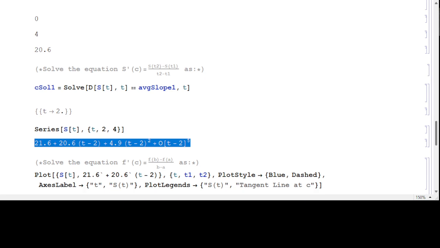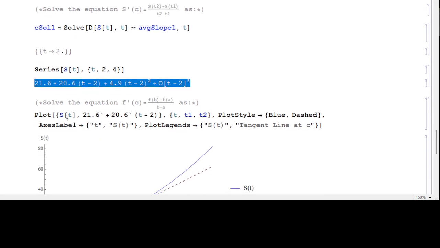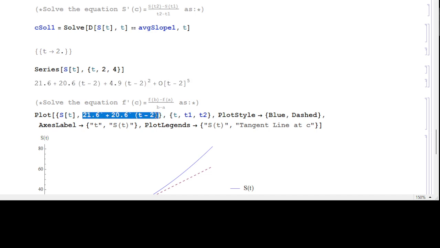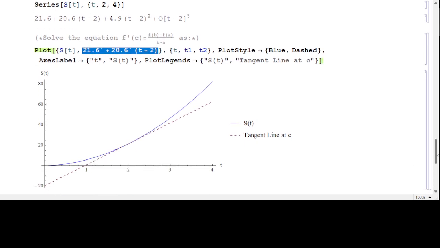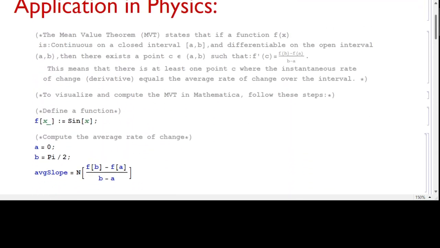Now, when we make a plot of the distance equation and the equation of line, which we have obtained using this series expansion, then we can see that this equation of line is actually showing the situation that the mean value theorem is suggesting.